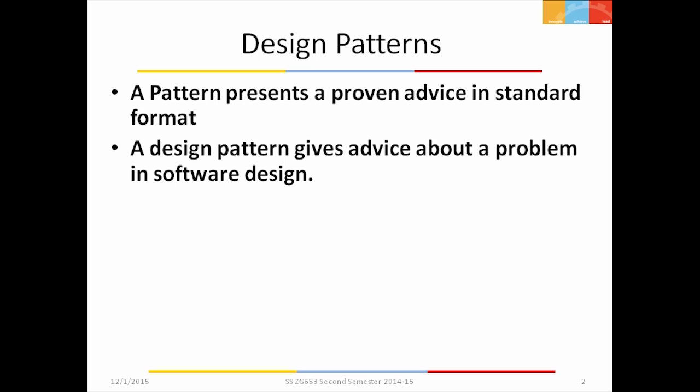Now, when it comes to software design, we primarily deal with object-oriented designs. That's quite common in many industrial strength applications. Object-oriented design is the way people actually build large software.